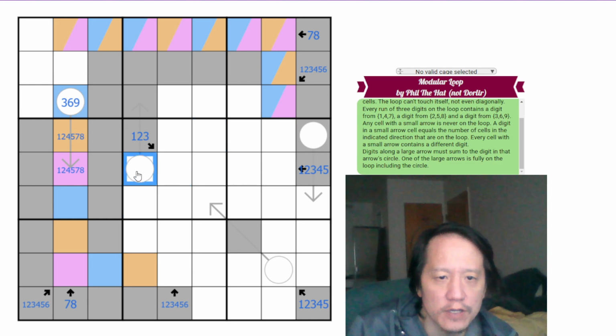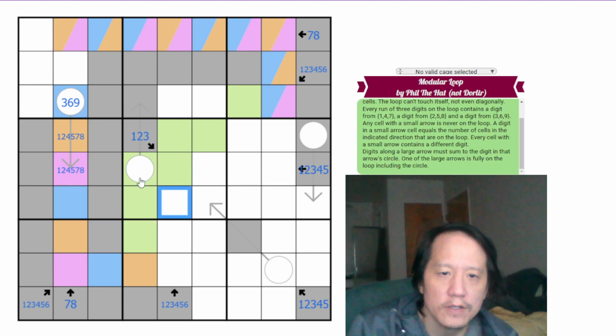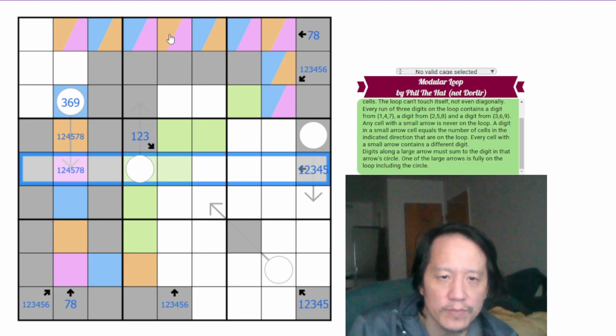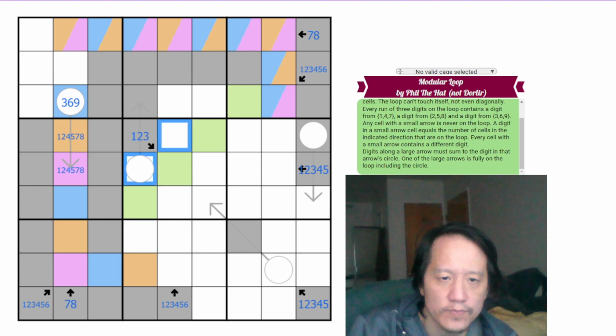Because this one can either go here and here, or here and here, or here and here, or here and here. So if it goes here and here, so we're going to make that green. Say it went here and here. It has to go down here. This would be 3, and this would be 3. So that's not possible. So say we try this and this.